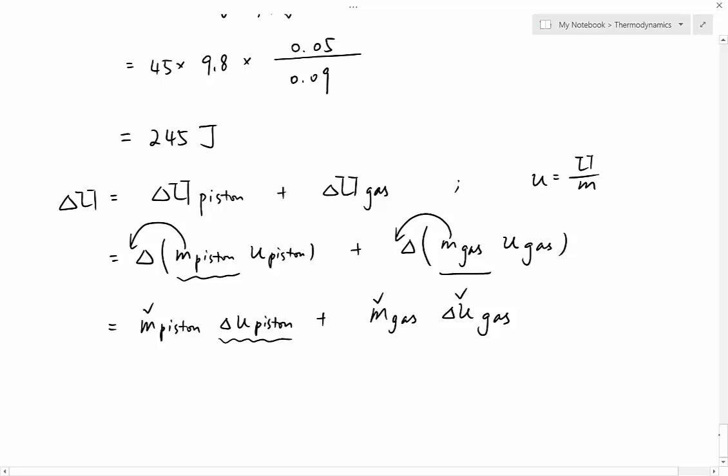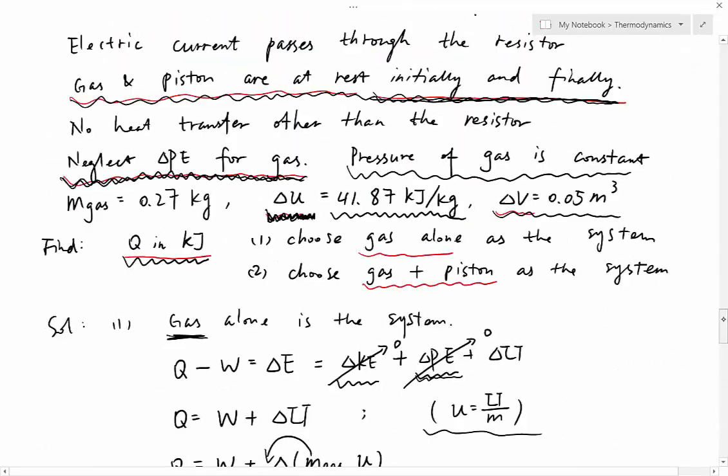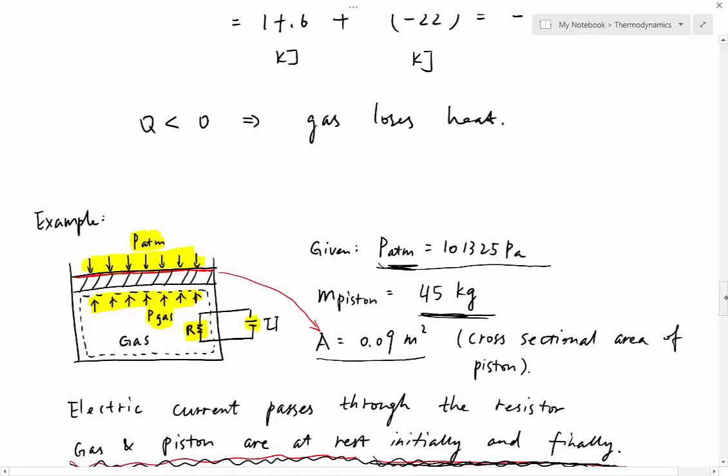Does the temperature of the piston change? For the temperature of the piston to change, there has to be heat transfer, right? So do we have heat transfer either going into the piston or leaving the piston? Because if I do have heat going into the piston, the temperature of the piston will go up.